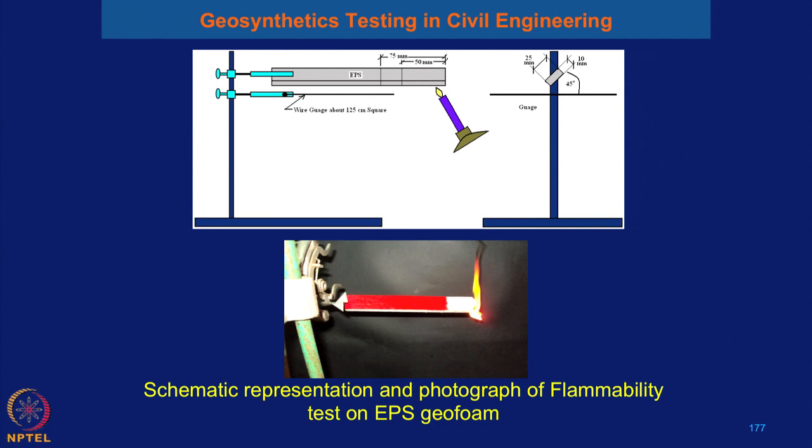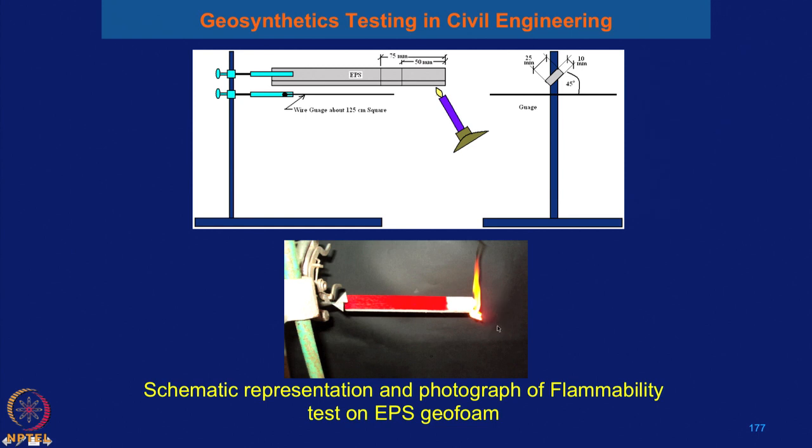This is the wire gauge of around 1.25 centimeter, and it is placed at an angle of 45 degrees. Then you burn it. You can see here, you light this EPS geofoam material and it is burning, and it should reach up to this mark, not beyond that. If it goes beyond this mark, then this material will not be considered self-extinguishing. So, this is the sample, and you can see this material is burning.